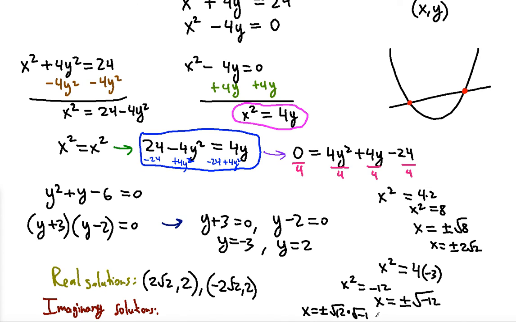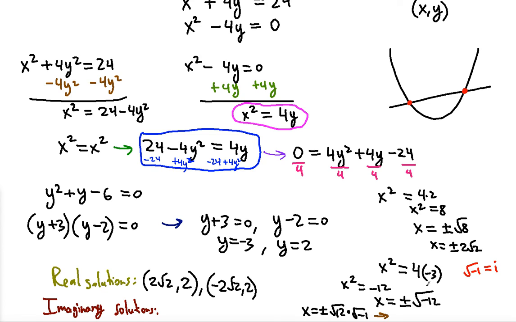Right? So recall that the square root of negative 1 is i, the imaginary number symbol. So this turns to i. And 12 can be written as 4 times 3 inside the radical, so it's going to be 2 radical 3 essentially, right?